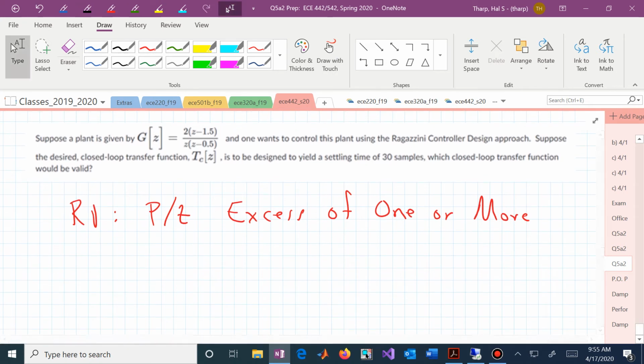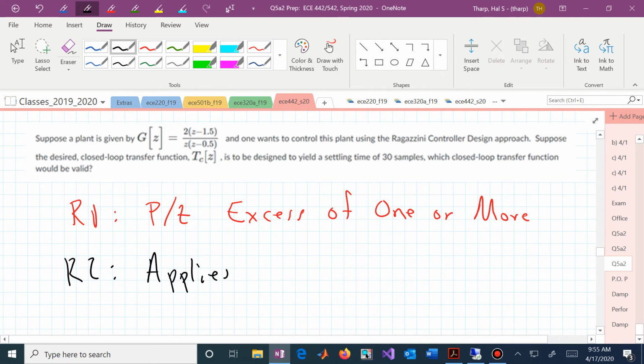What about restriction 2? Restriction 2 deals with the numerator polynomial in our plant, and in fact this one does apply, and that says that we need in our T sub C of Z its numerator to contain a Z minus 1.5 factor.